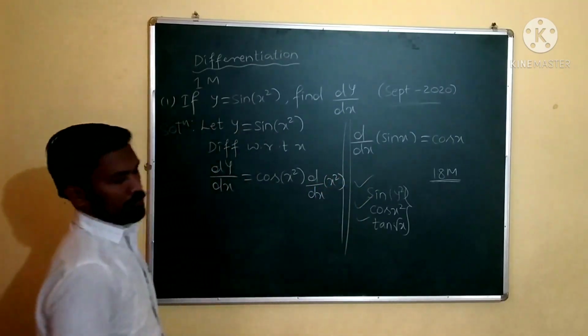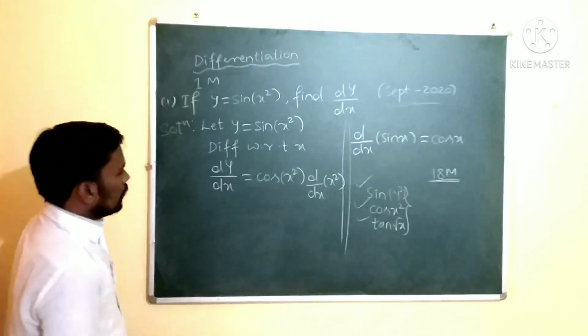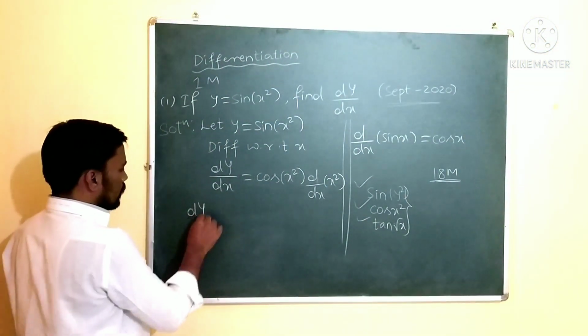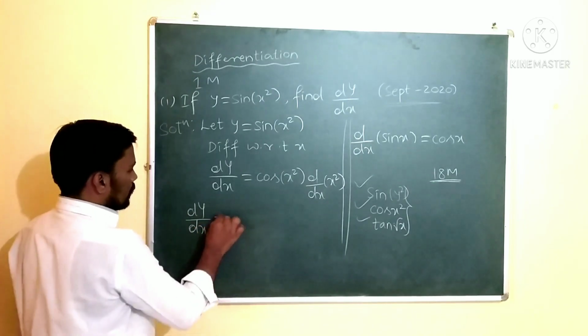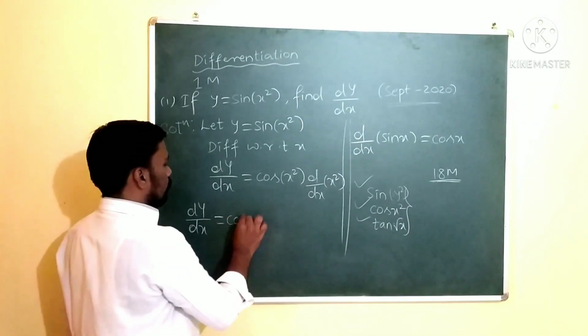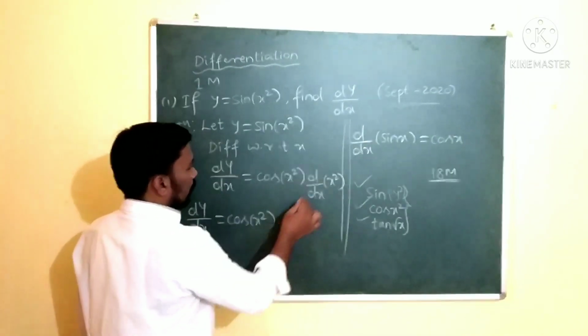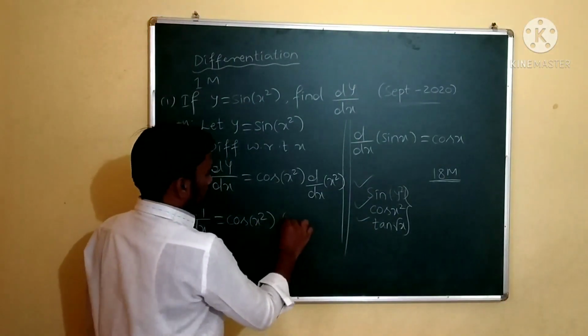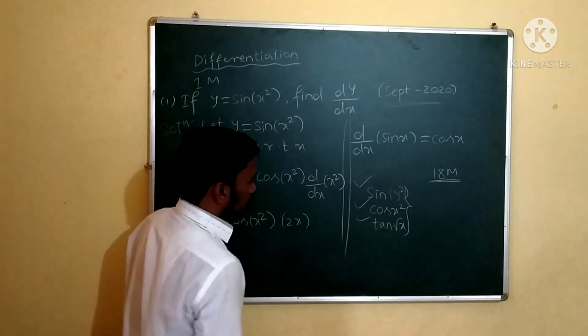So dy by dx is equal to cos of x square into the derivative of x square. Derivative of x square is 2x.